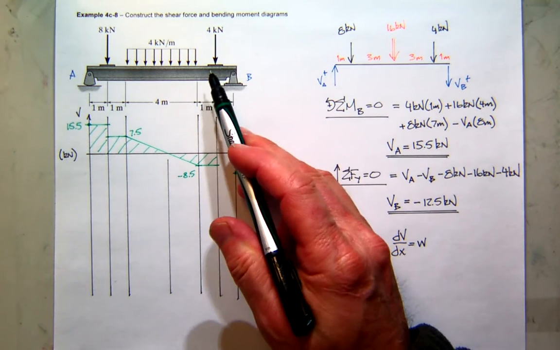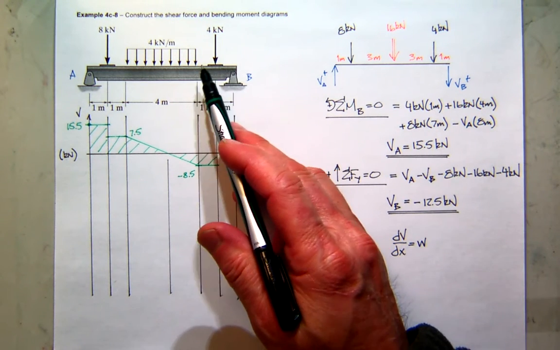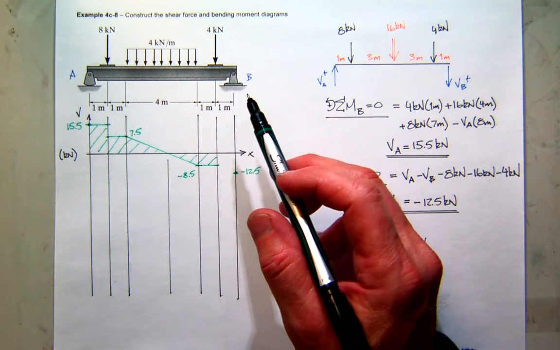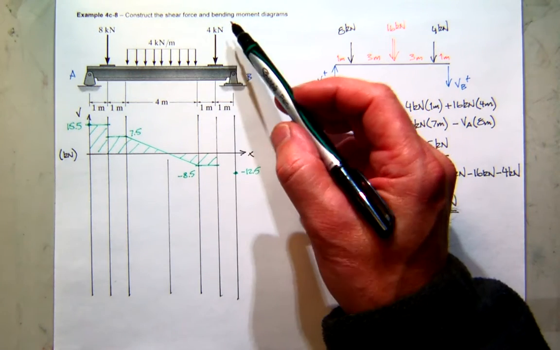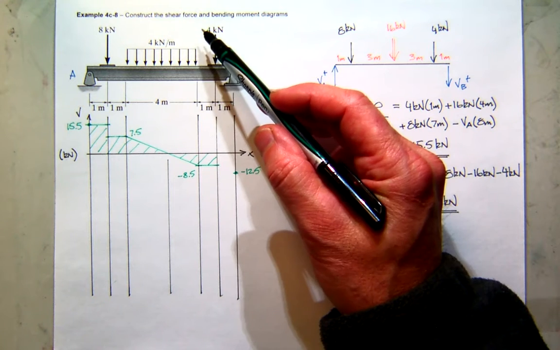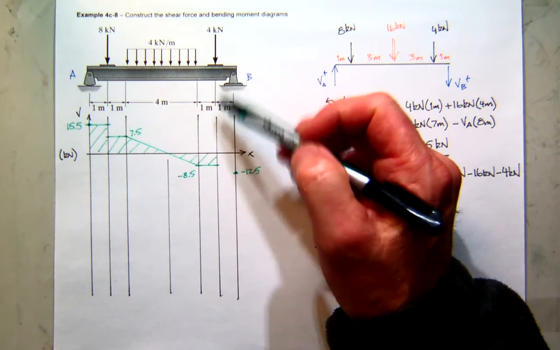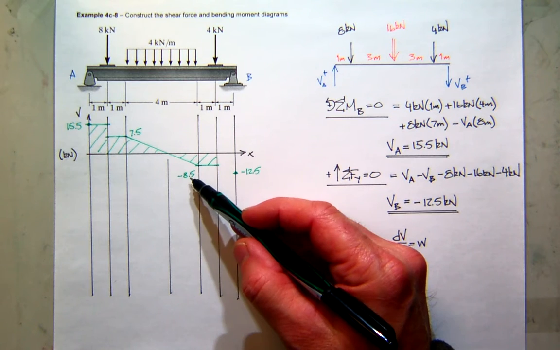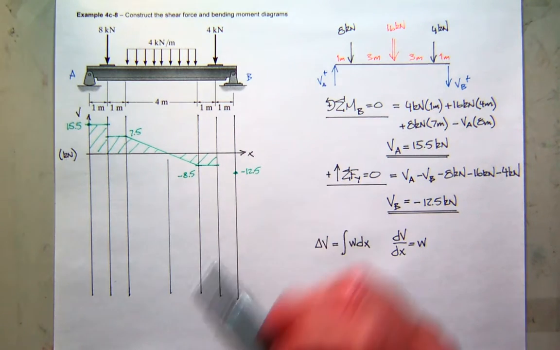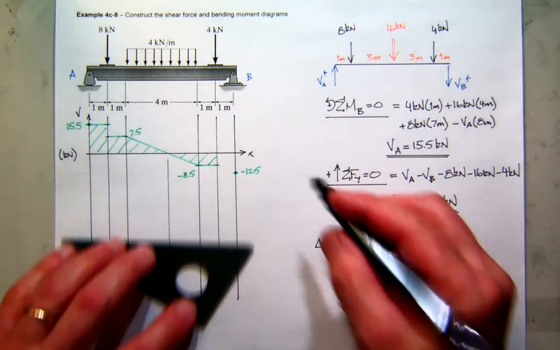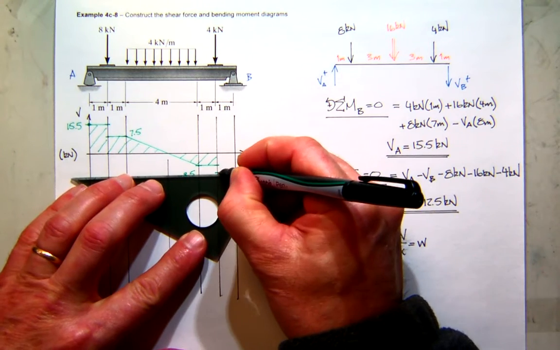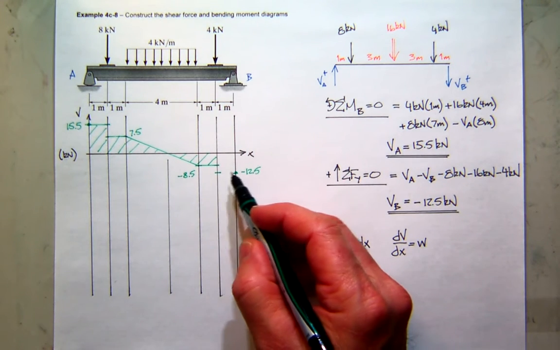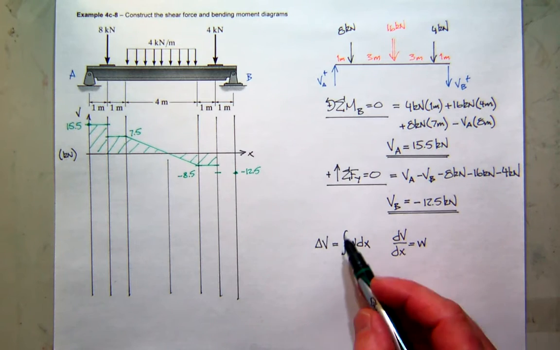Now, as we go from left to right and pass underneath this concentrated load, how does my shear change? It's equal to the value of the load, which is 4. Is that positive or negative? Negative. So negative 8.5 minus 4 is negative 12.5. And then the change over the last meter is given by the area in the load curve.